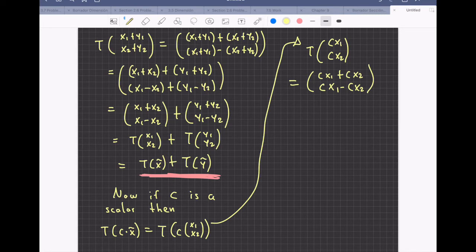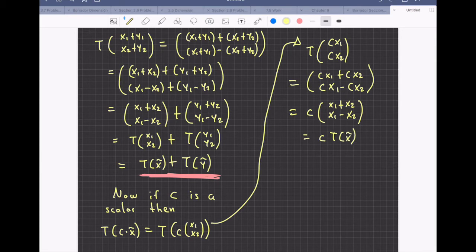But notice, I have the c. I can factor the c. So this is the same as c times (x1 plus x2, x1 minus x2). This is the same as c times T of x.